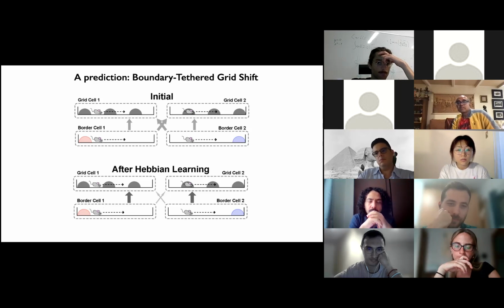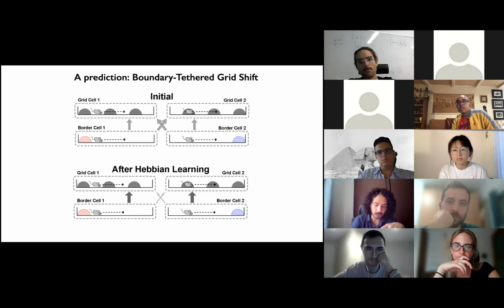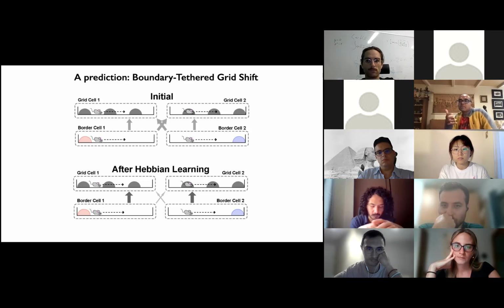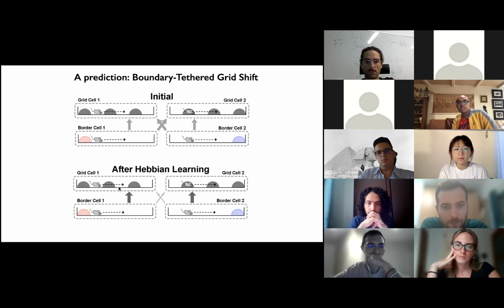And the synapses between this blue cell and this grid cell will grow stronger because they fire together, namely at the right wall. And usually when you have this kind of plasticity, if you increase the strength of one synapse, there's a sort of homeostasis where other synapses weaken. So then the cross synapse would weaken. Certainly in the model, that's definitely what you would do. So then these two are associated and these two are associated.